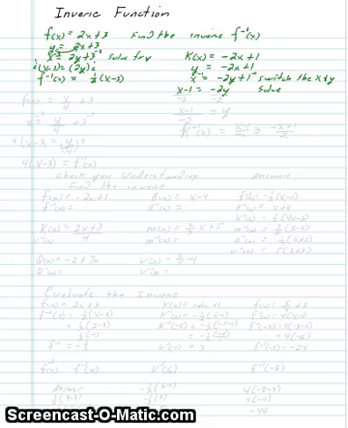Subtract the 1. So you get x minus 1 equals negative 2y. Either multiply both sides by 1/2, which is the same thing as dividing both sides by negative 2. So we get x minus 1 over negative 2 is equal to y, and they will write this as k inverse of x.